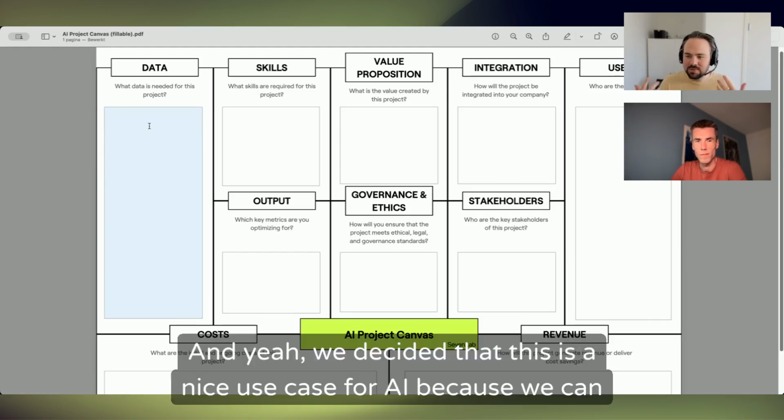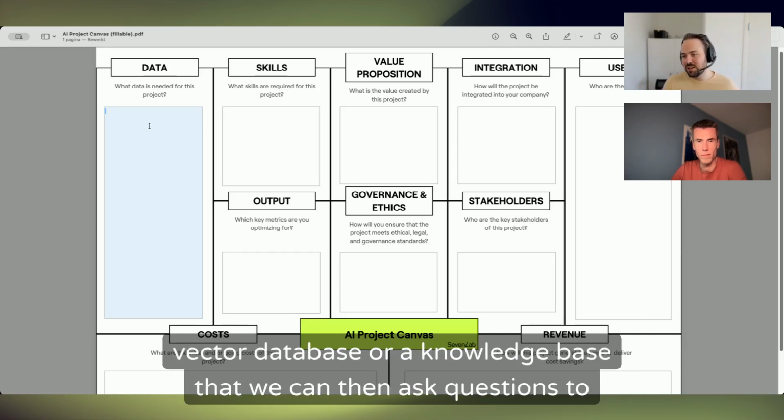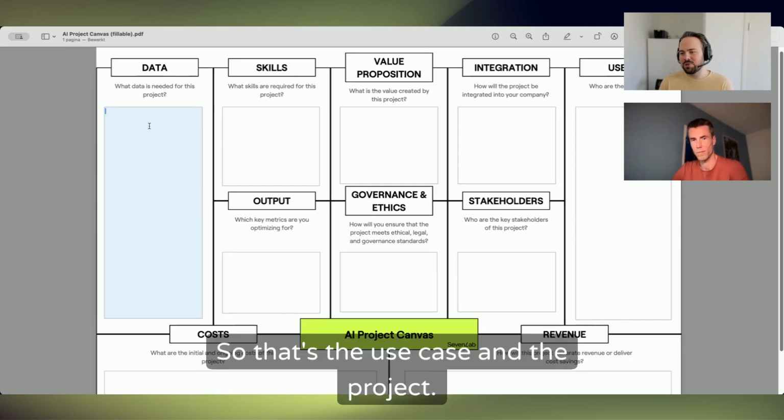We decided that this is a nice use case for AI because we can put all those documents in a certain kind of database, called a vector database or a knowledge base, that we can then ask questions using AI or an AI agent. So that's the use case and the project.